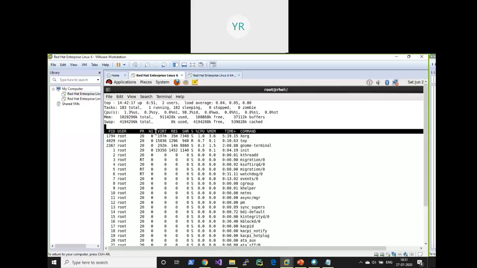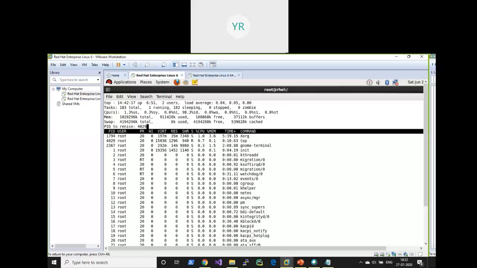If you press r here, it will ask for the PID to renice. By observing the PIDs here, 1, 2, 3 like this, if I want to change the priority of 4029, you enter that, and after that you can enter the nice value also.